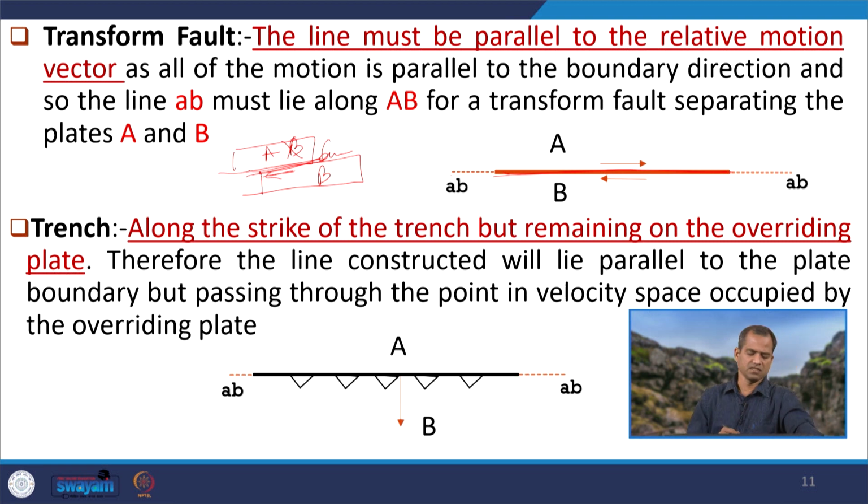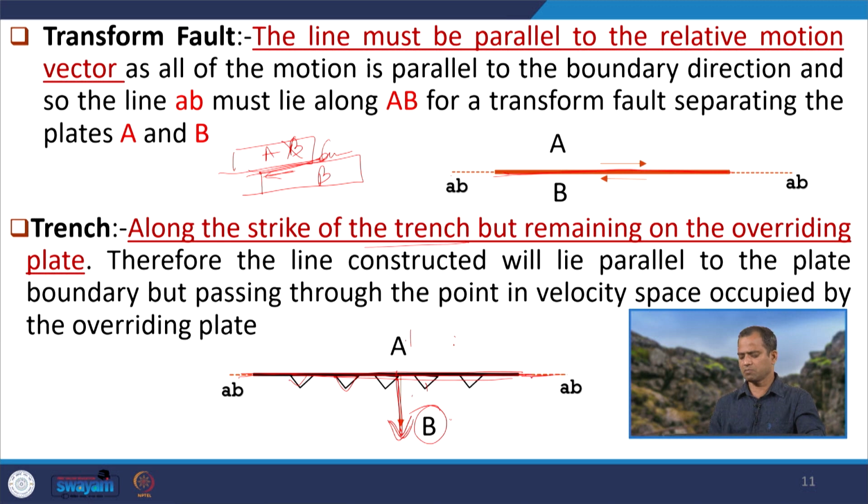Similarly, for a trench, the line is along the strike of the trench, but remaining on the overriding plate. For example, here are two plates A and B, and B is the overriding plate, you see the symbols. Here the relative velocity line AB is here, because in the relative velocity triangle the orientation is like this, since plate A is moving here and B is moving here, and this is the trench, that is the orientation of this plate boundary.